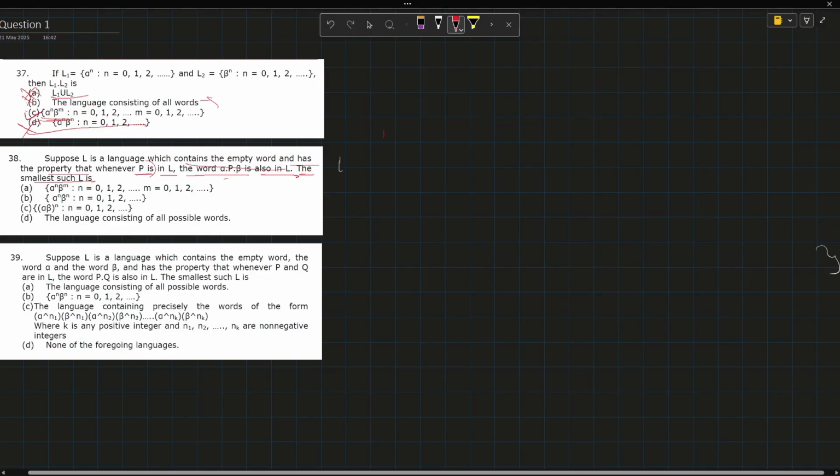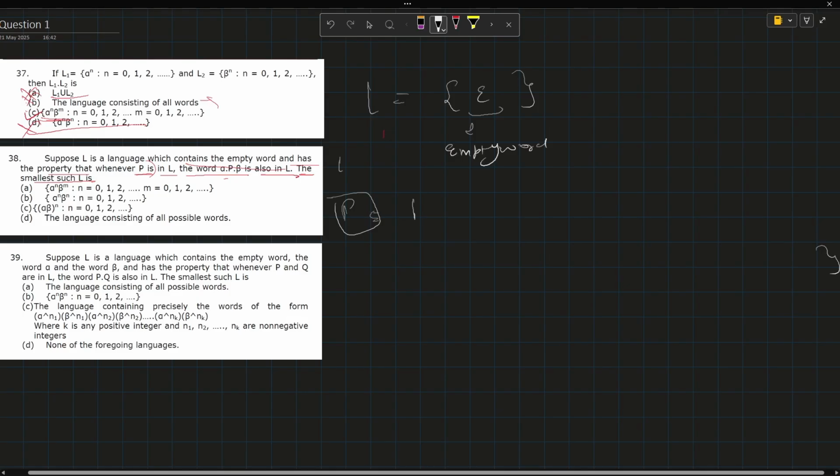So for that, let's assume L is a... wait. I have given that L contains an empty word. So this is the empty word. Now P is also in the L only.